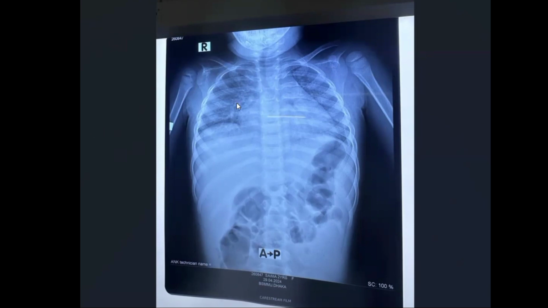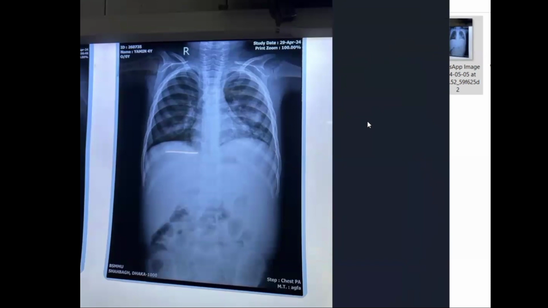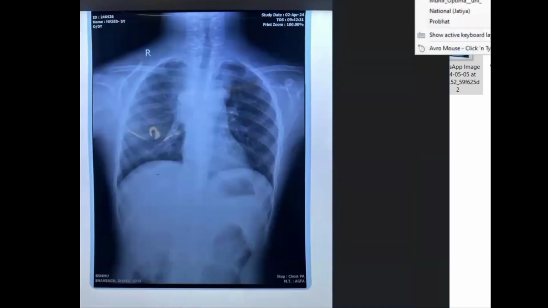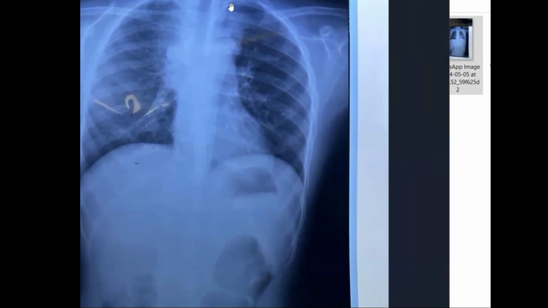And then come to the second X-ray. If we read this X-ray, this is chest X-ray, posterior anterior view, showing trachea is centrally placed, bony thorax appears normal, cardiac silhouette or cardiac size and shape appears to be normal.